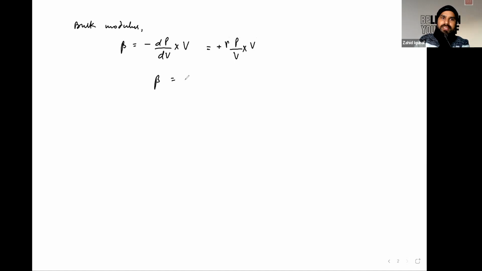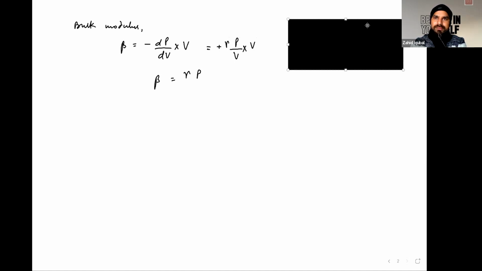So we can say beta equals gamma times P. Now, relating this with the isothermal curve, beta for adiabatic is gamma times beta for isothermal.